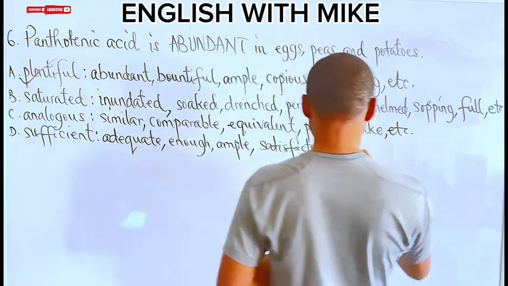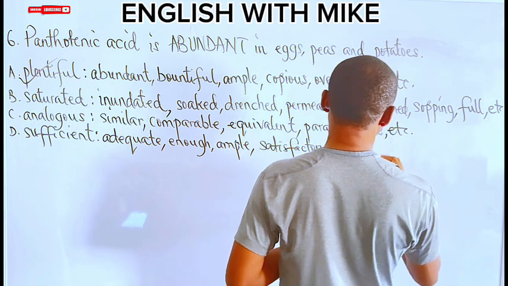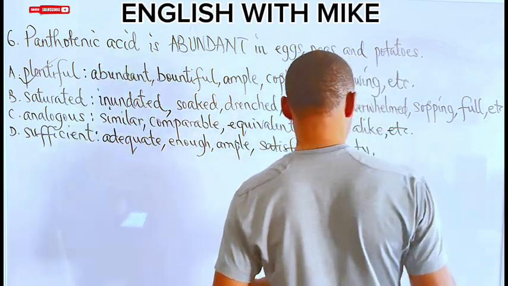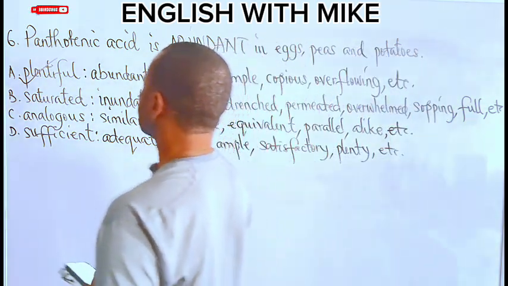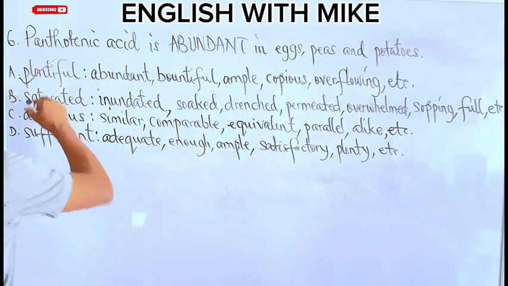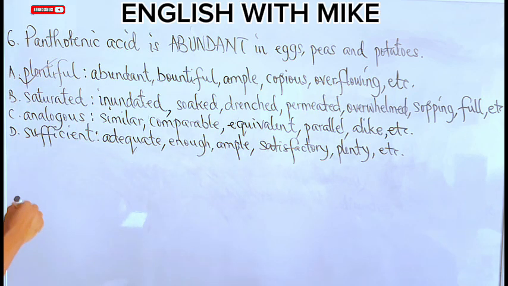Satisfactory would mean plenty. Not really plentiful. Be careful. Plenty, etc. So did you get it right? Again, the answer is A, B, C, D. A is correct. Abundant is synonymous with plentiful.